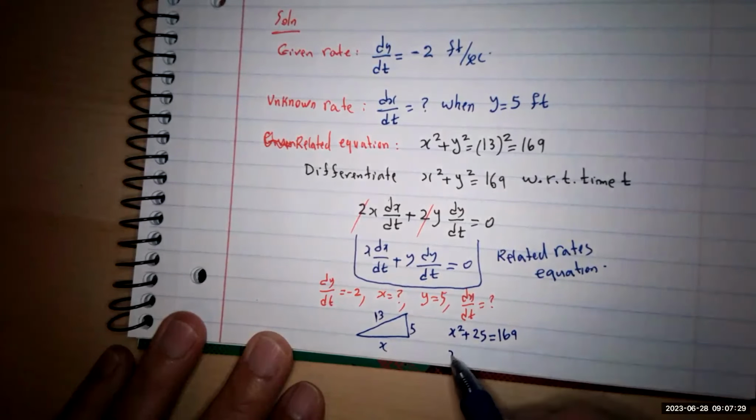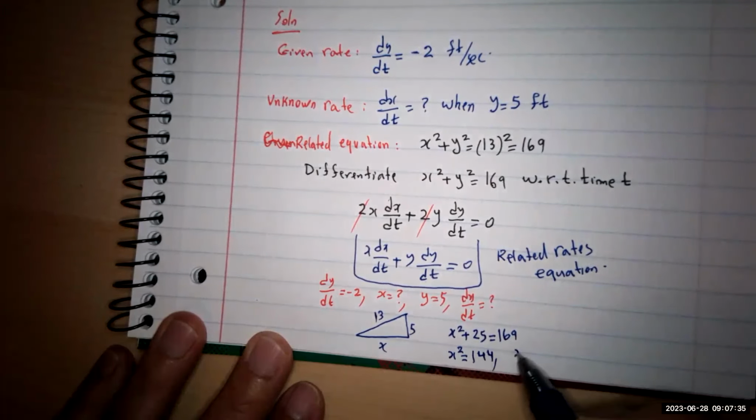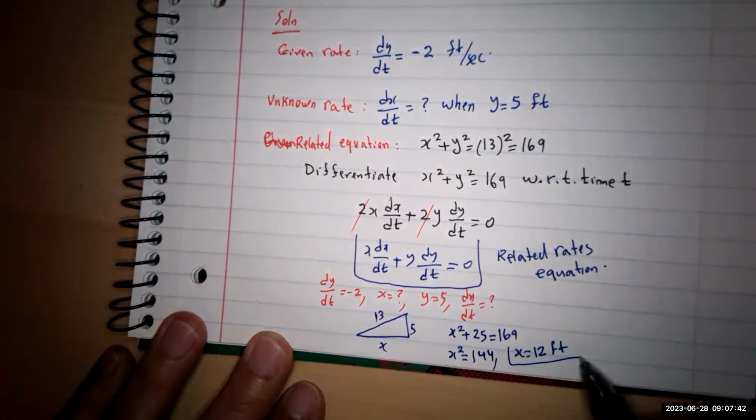So x squared would be 169 minus 25, which is 144. The positive square root gives you 12 feet. So that is x.